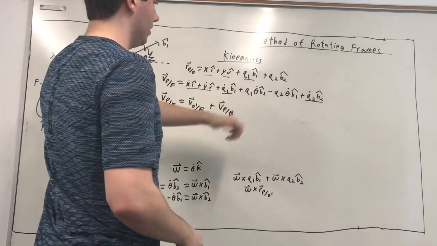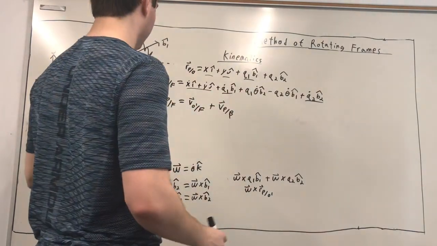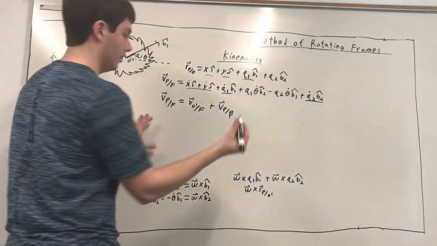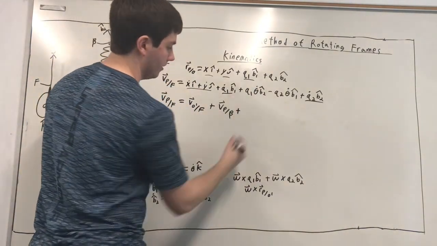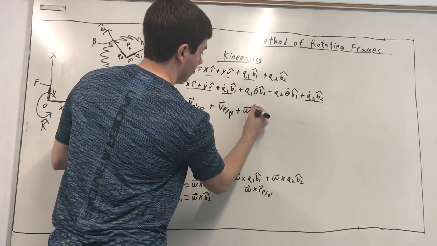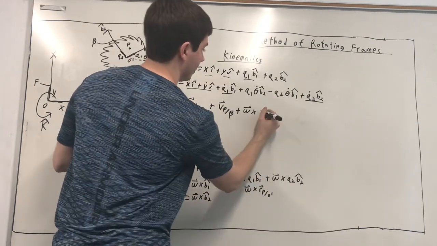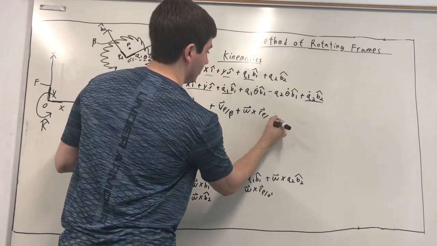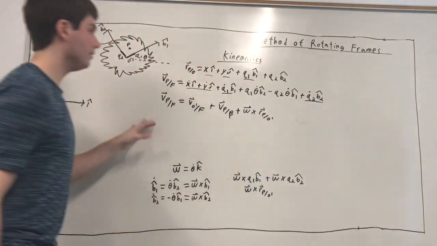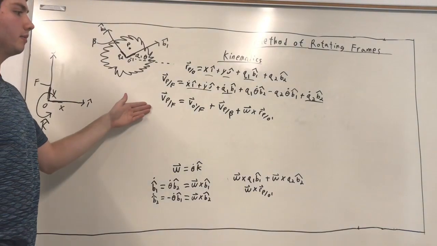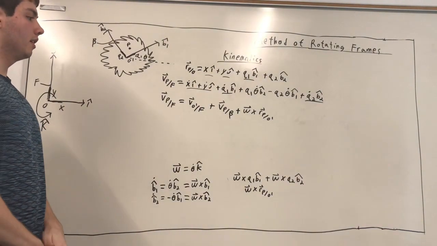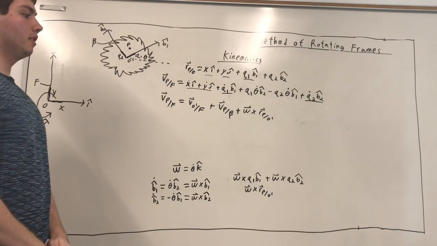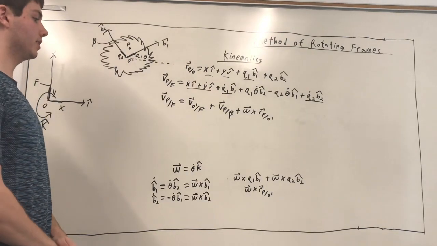It's a little confusing. There's other ways to derive it. This is my preferred way, but there are other ways in the textbook. So plus omega cross with RP with respect to O prime. This is your 3-term velocity formula, and now we are going to get the magical 5-term acceleration formula.